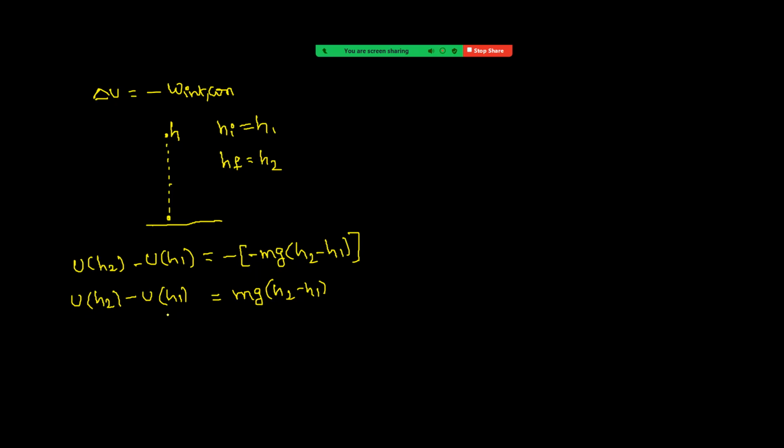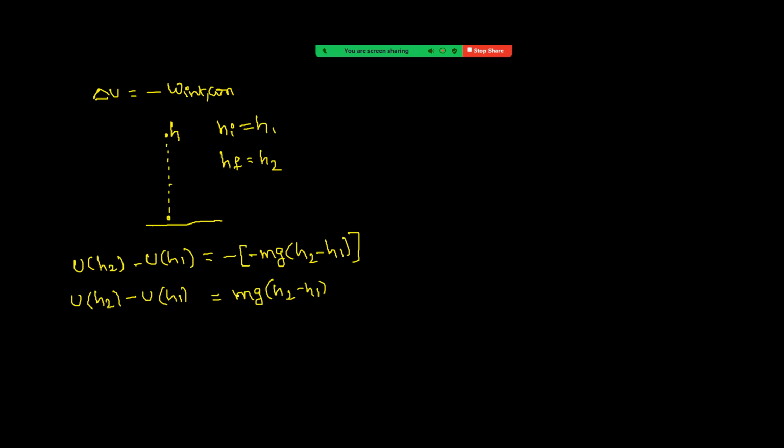We have two unknowns, and we know the difference of these two. Means U of h2 minus U of h1 is known. If you want to know one of these two values, we have to fix the other value.